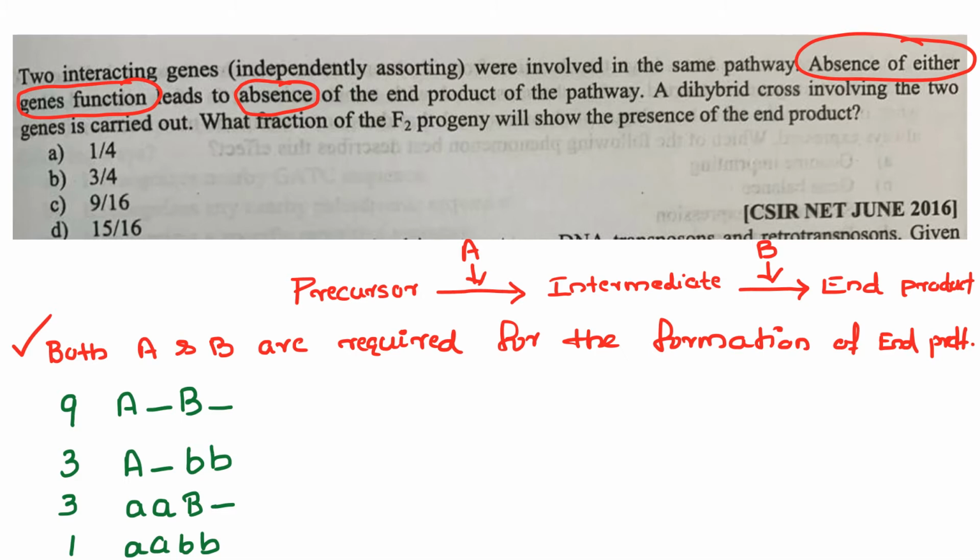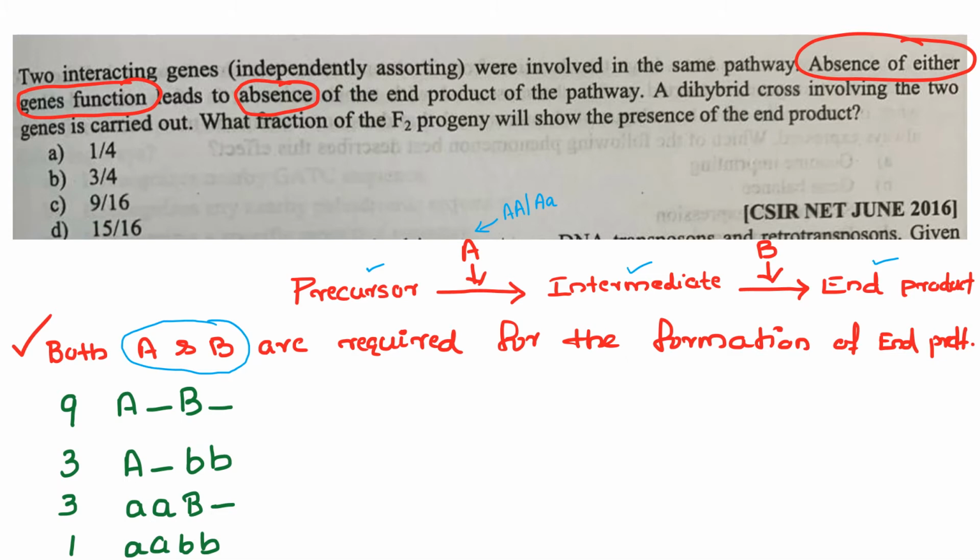Here we can take A and B as the genes, and we can write the pathway as precursor converting to intermediate, and intermediate converting to end product. The precursor is converted to intermediate by the dominant form of gene A encoding enzyme A. Dominant form of the gene means capital A capital A or capital A small a.